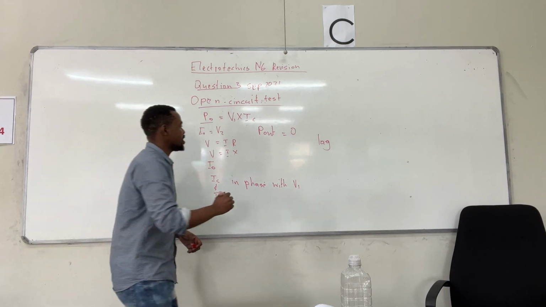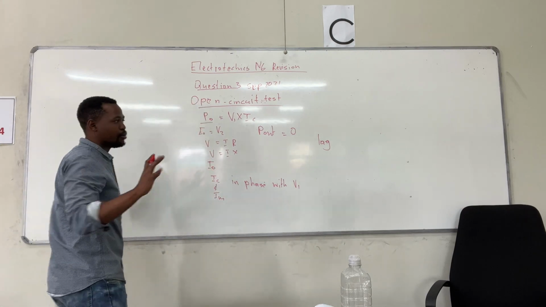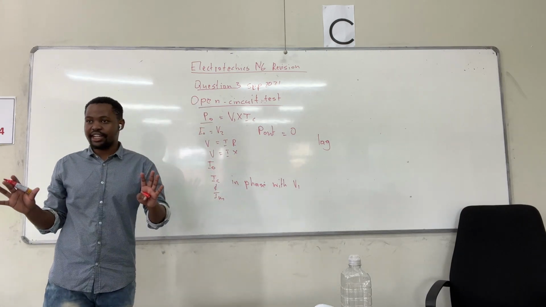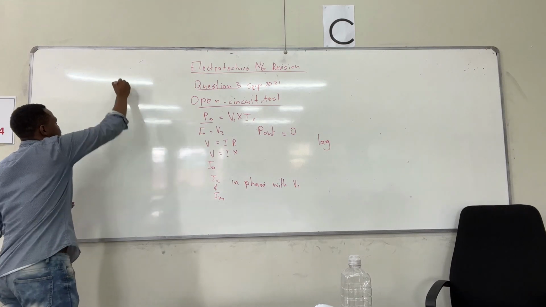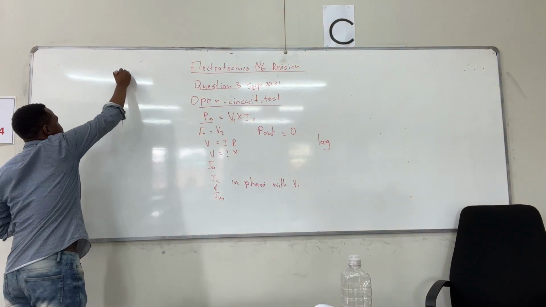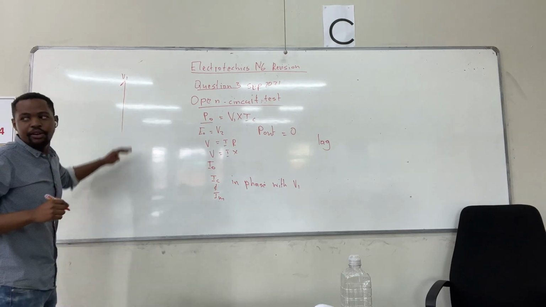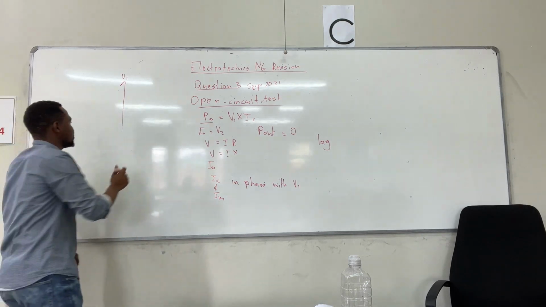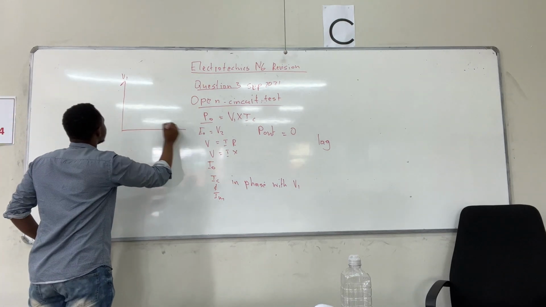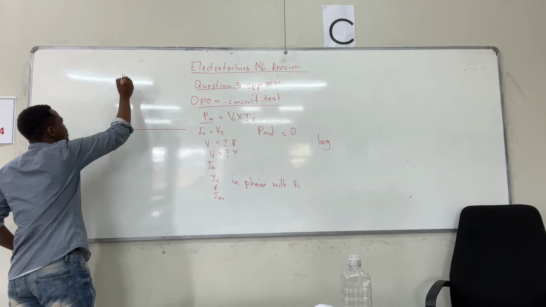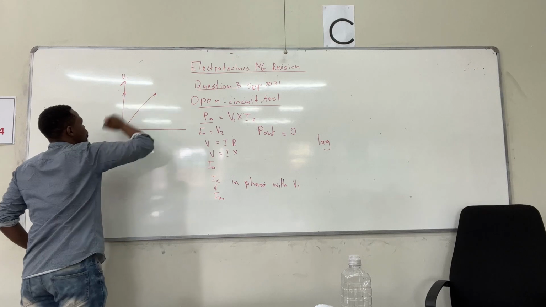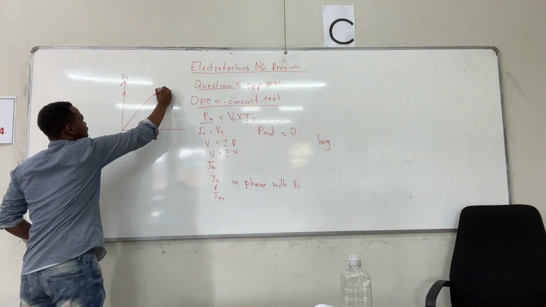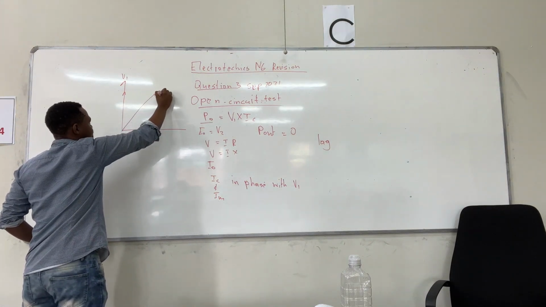This current is responsible for creating the primary magnetic field. I'm going to draw a phasor diagram here, referencing to V. This is I naught.